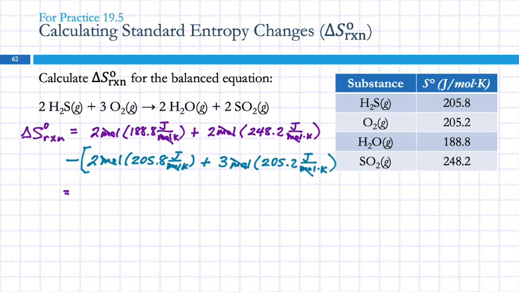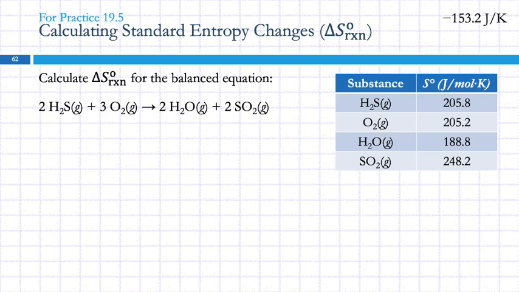So I'm just going to do 2 times 188.8 plus 2 times 248.2 minus, open parentheses, 2 times 205.8 plus 3 times 205.2, close parentheses, negative 153.2 joules per Kelvin. Any questions? Got it right.